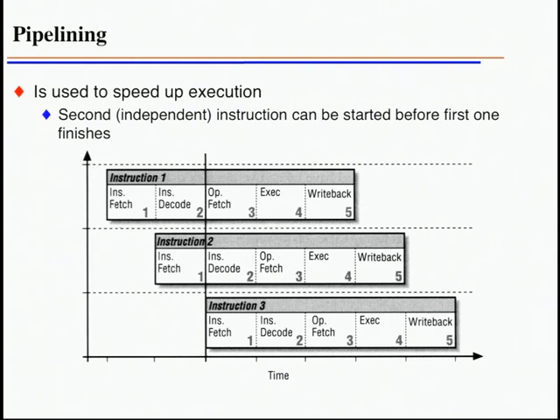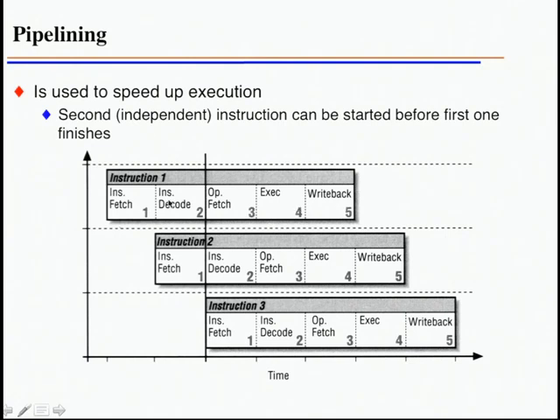Now, pipelining tries to identify instructions that are independent from each other and already start a new instruction before the previous instruction has finished executing. So after fetching instruction 1, it will immediately go on to fetch instruction 2, even if it hasn't fully executed the first instruction yet.